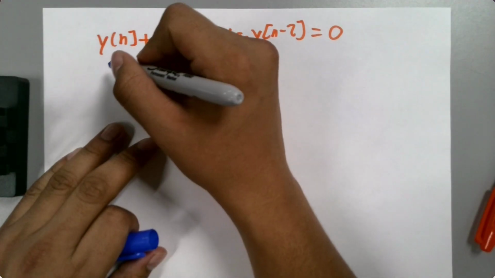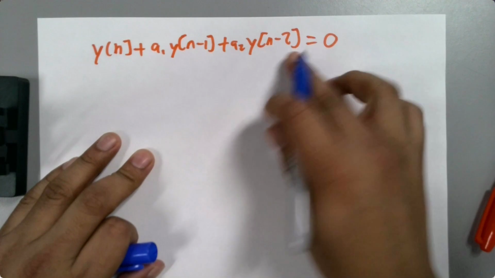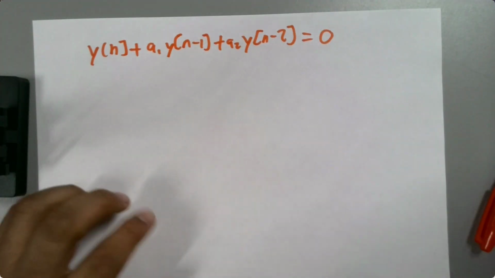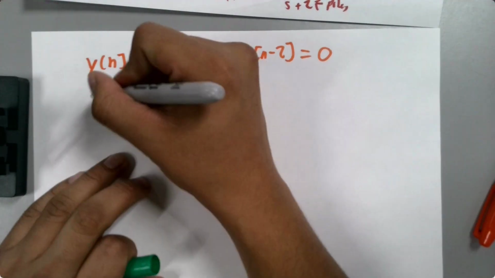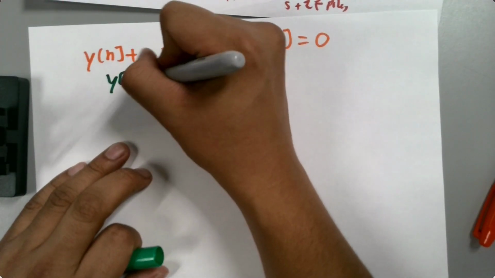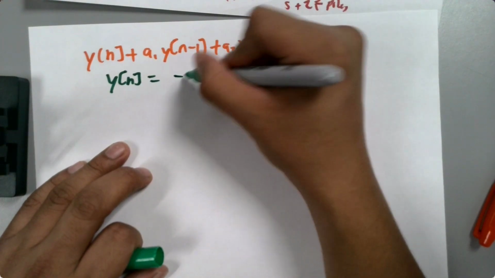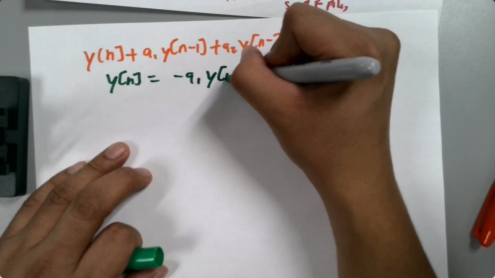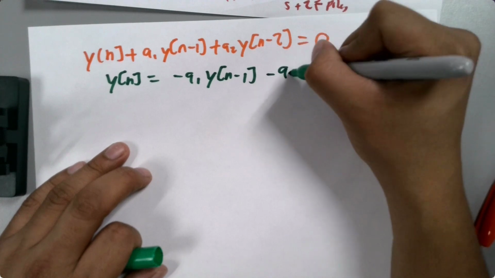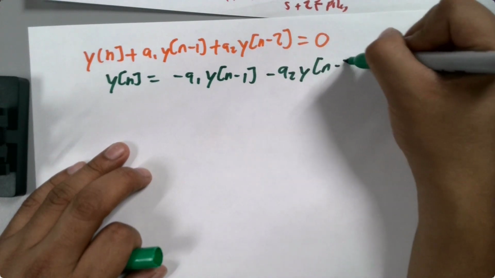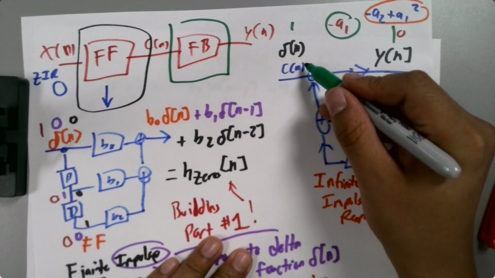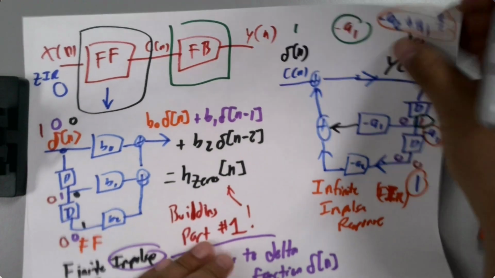So, this equation? Okay, I knew someone would ask about that. Because I'm doing this: y of n is equal to minus a1 y of n minus 1 minus a2 y of n minus 2.